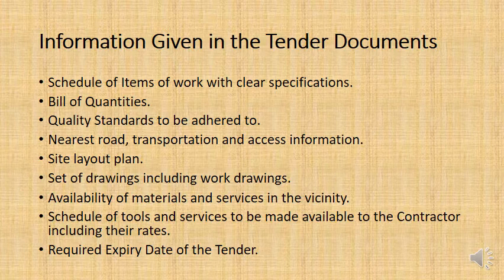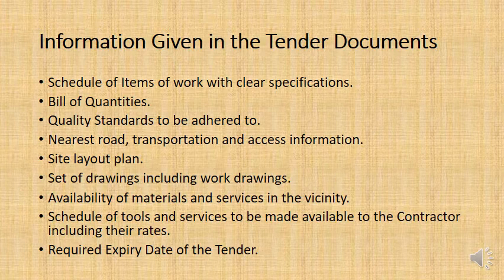Also access information, meaning, okay, if you can only access the site between 8 a.m. to 6 p.m. because that's when they have security or whatever, you need to report that, because the contractors may be pricing the work to be working at midnight, because if it's in the height of summer, they might think we can get our workers to work harder if it's nighttime, potentially. But if that's not possible, you need to make sure you give that information to them in the tender documents.